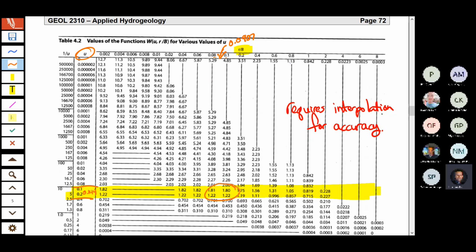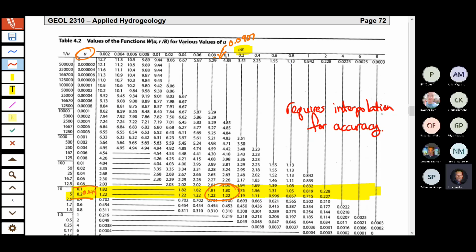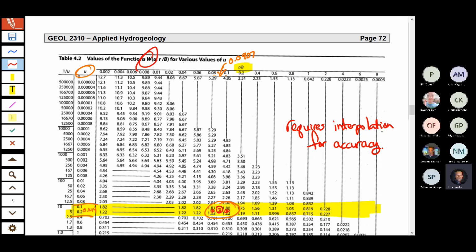So it looks like I'm going to be interpolating these values. Again, I'm forced to do a triple interpolation, right? I have to interpolate between these points, and then a third point in between to get the value that I could use for my well function, which is right here. So we're getting there. We're almost there.